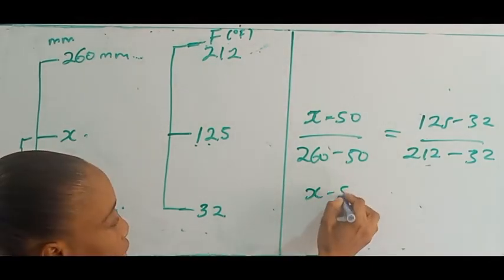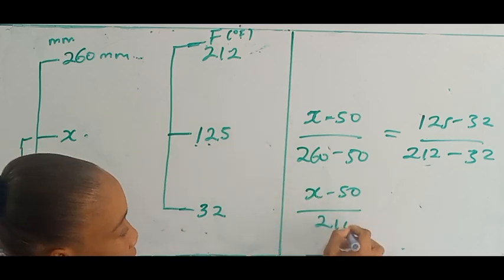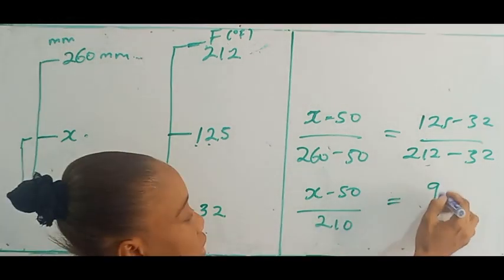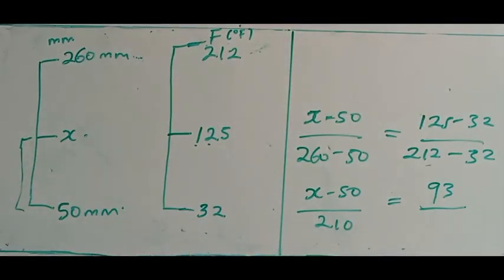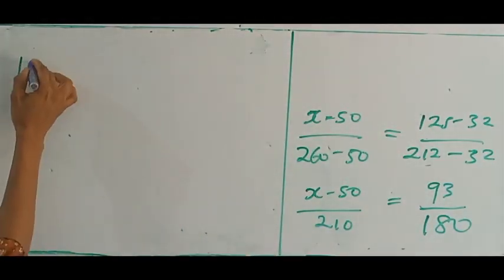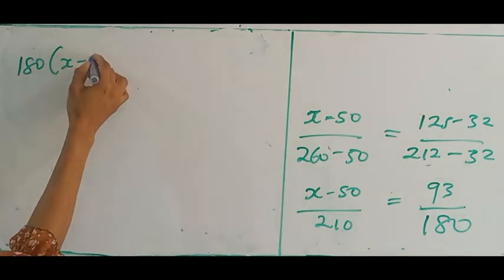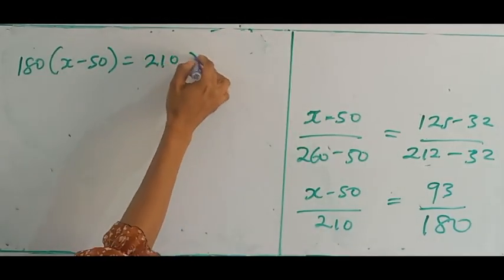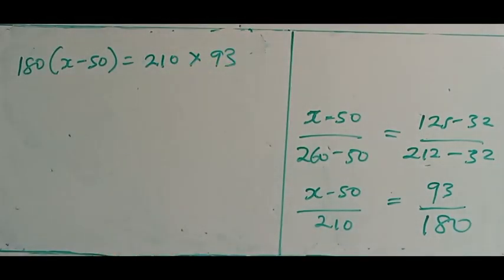So we have x minus 50 over 210 is equal to 125 minus 32, that's 93, over 212 minus 32, which is 180. We'll go ahead and solve this. 180 into x minus 50, cross multiply, is equal to 210 times 93.